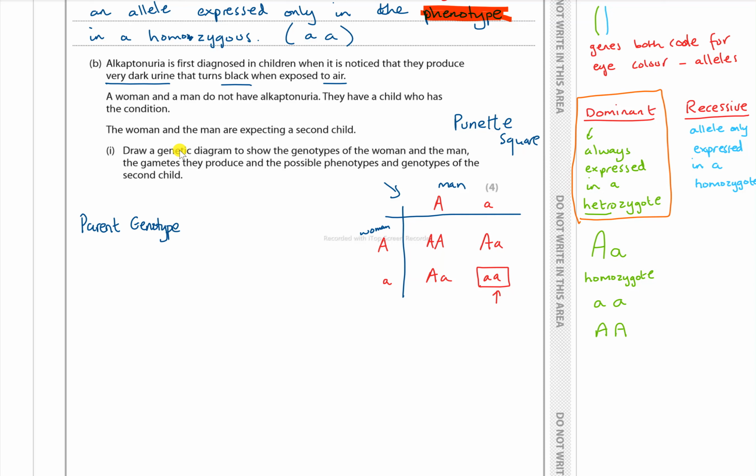So remember, this was the structure: parent genotype, and then you've got parent gametes, and then you've got offspring genotype, and then you've got offspring phenotype.